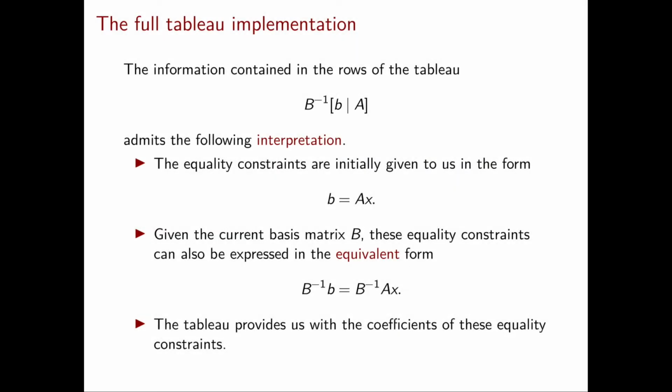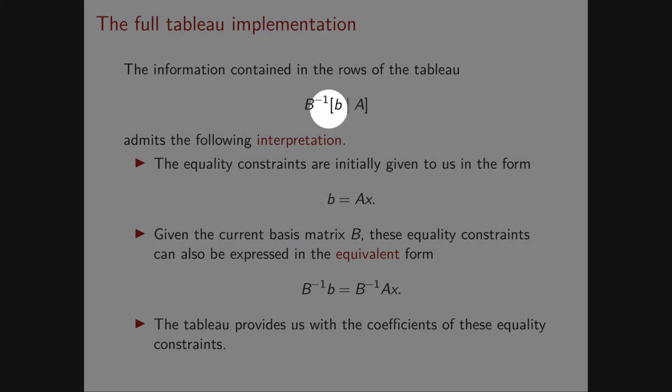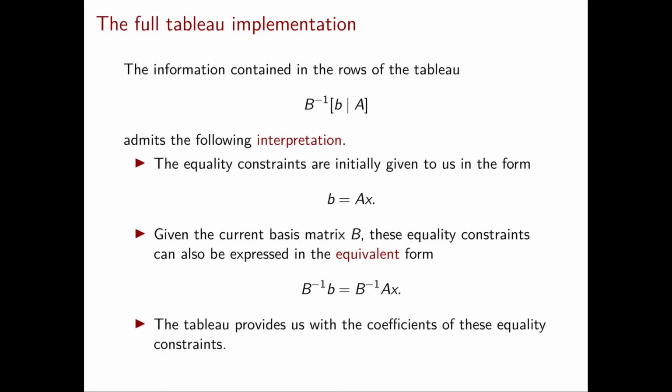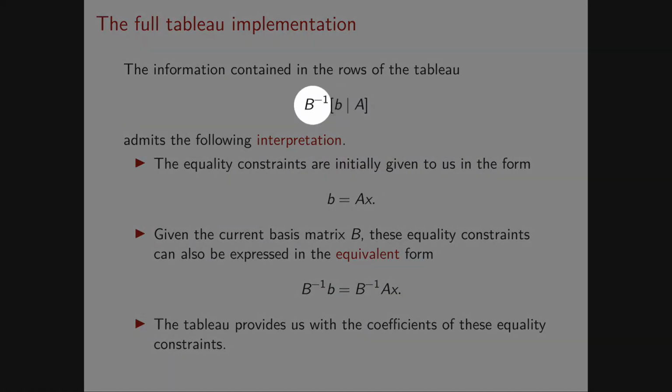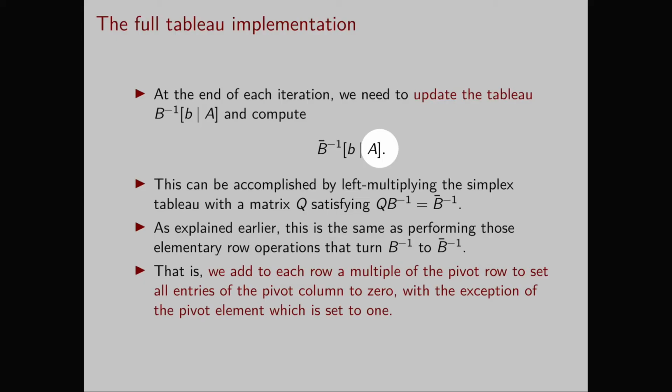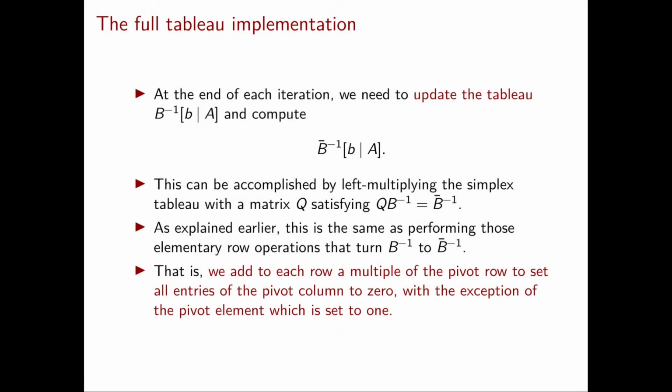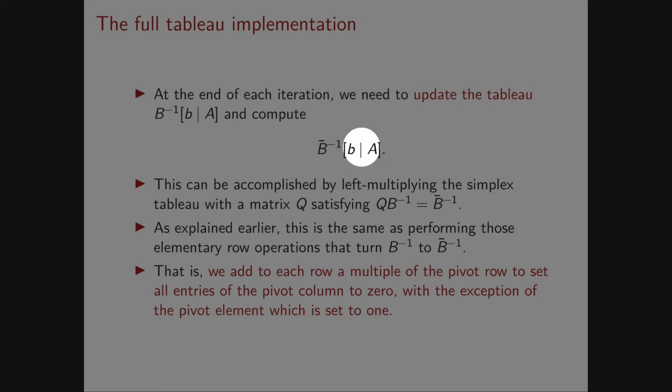Now, if at the beginning of our iteration this is the simplex tableau, it means that at the beginning of the next iteration, the simplex tableau will be instead B bar inverse times bA. Here it is. Therefore, everything we need to do in an iteration of the full tableau implementation is to update our tableau from B inverse bA to B bar inverse bA.